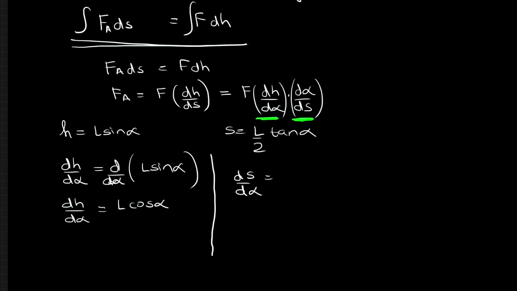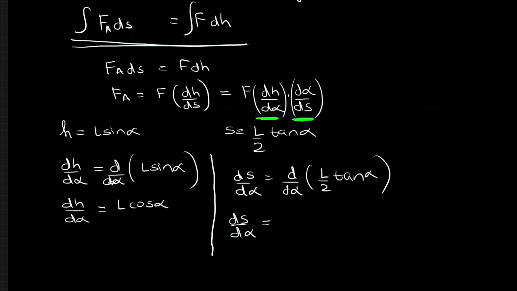That's the derivative with respect to alpha of s, which is L on 2 tan alpha. The derivative of tan alpha with respect to alpha is 1 plus tan squared alpha.